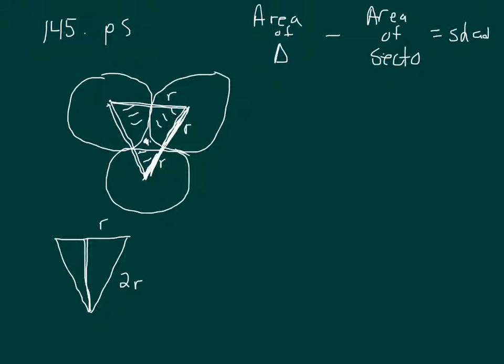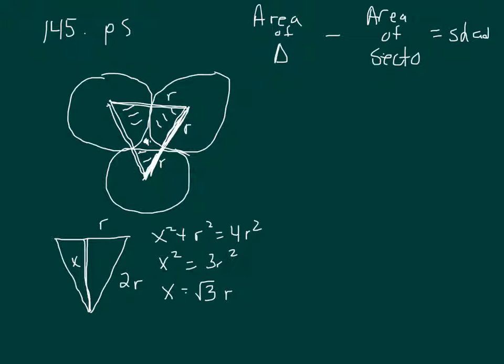So let's call this x. That's going to be x squared plus r squared equal 4r squared, and that's x squared equal 3r squared. I'm solving for x, and that's x equals the square root of 3 and an r. Square root of r squared is r.